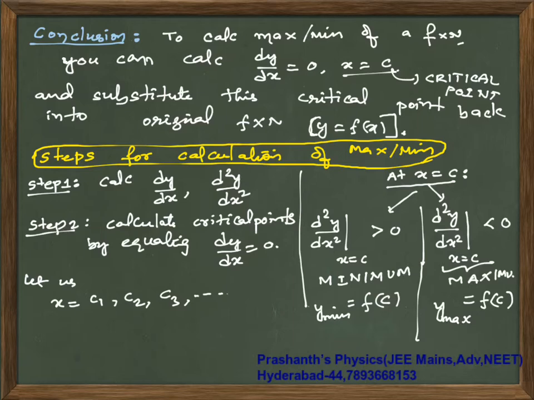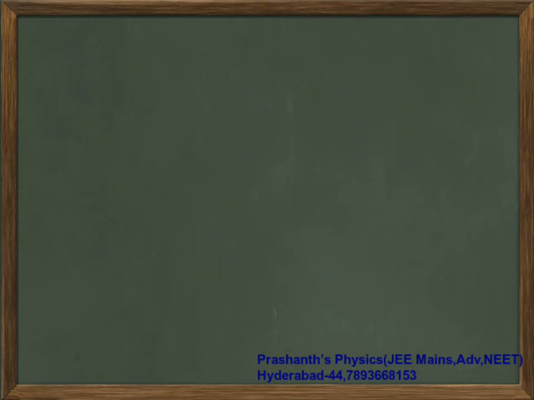If I take different examples for the calculation, you have to stick to the steps. Let us say you are given a function y equal to f of x equal to x power 5 minus 5x power 4 plus 5x cube minus 1.